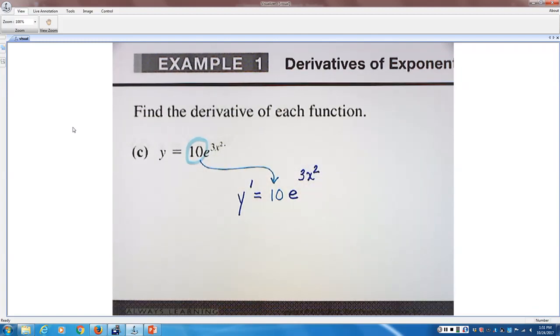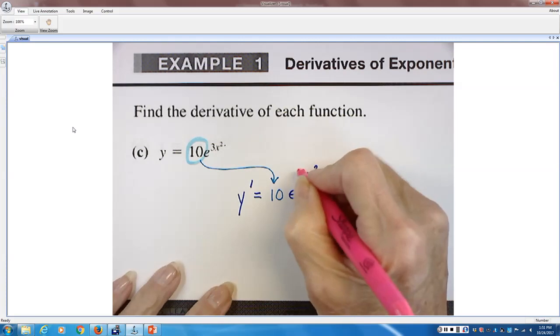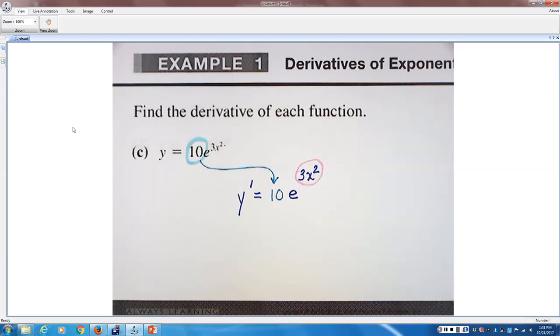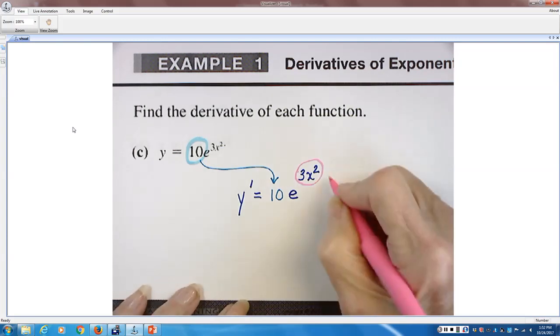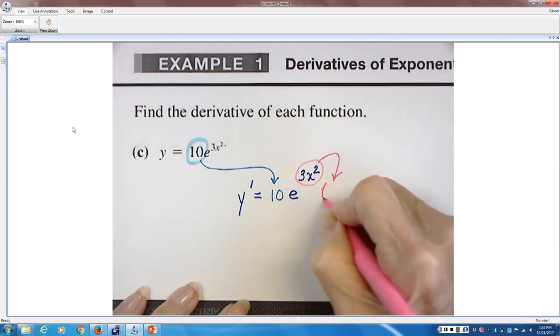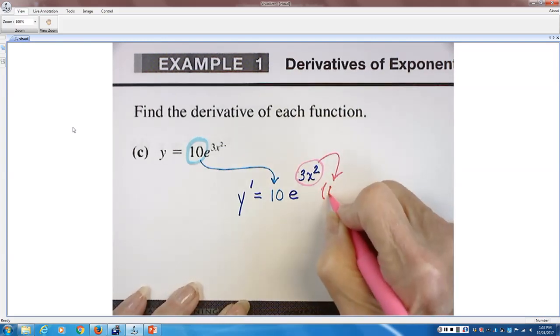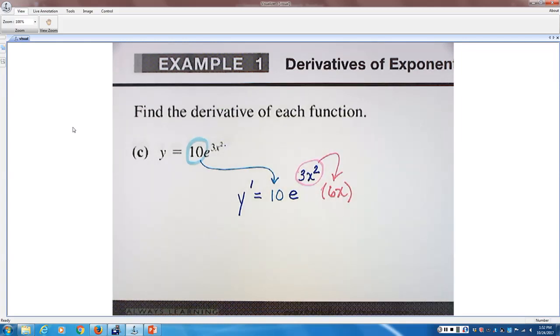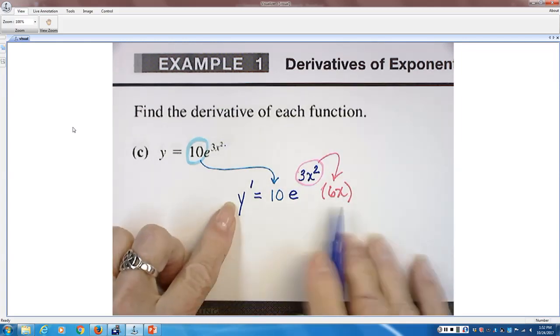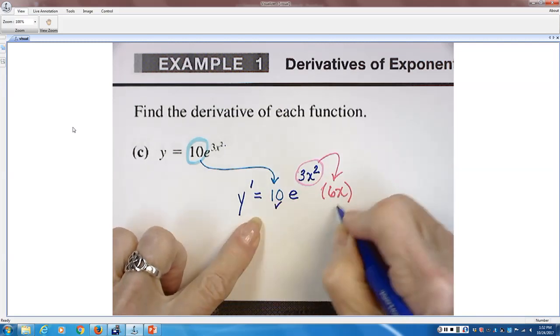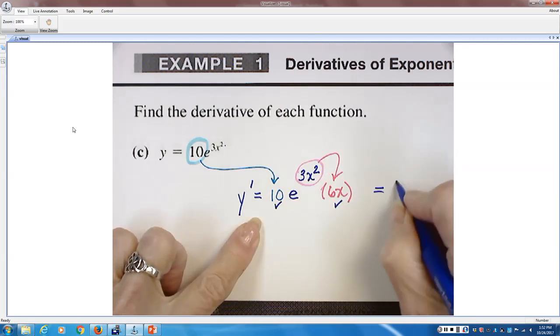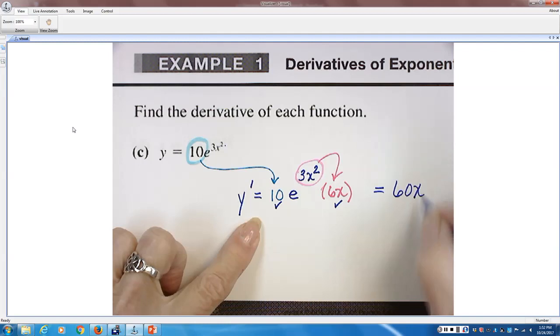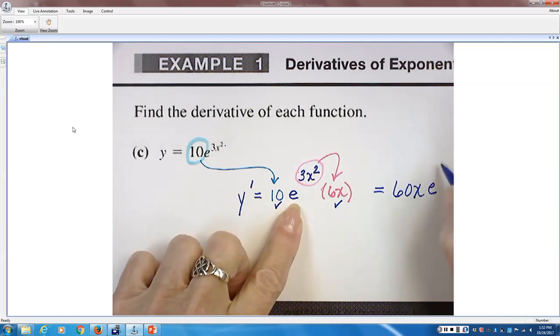But then because that power is a function, we need to take the derivative of that power. 3 times 2 is 6x. So that means our full complete derivative is 10 times 6x is 60x times e to the 3x squared power.